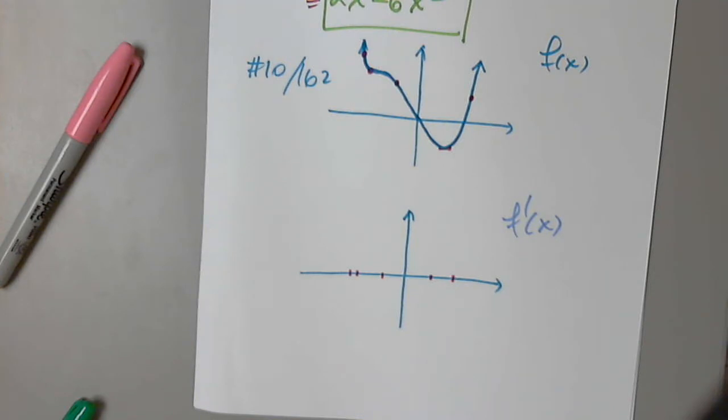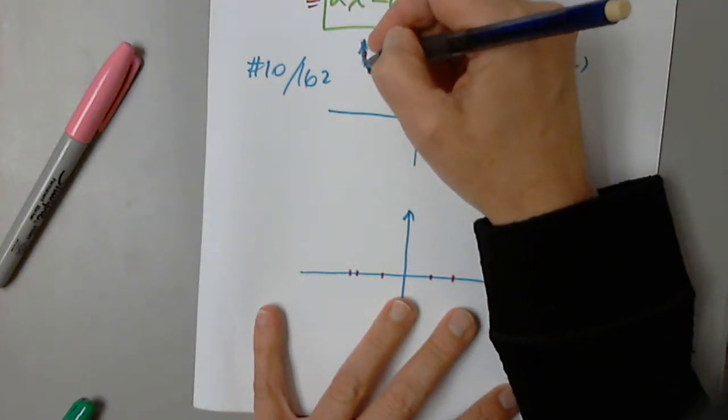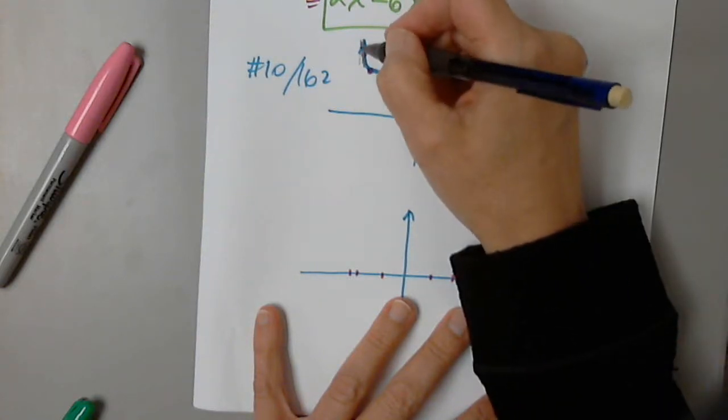Plotting 1, 2, 3, 4, 5 points, it's not going to be an exact graph, no matter what. At each and every point, I'm going to draw a little triangle with a tangent, and I'm going to estimate the tangent.